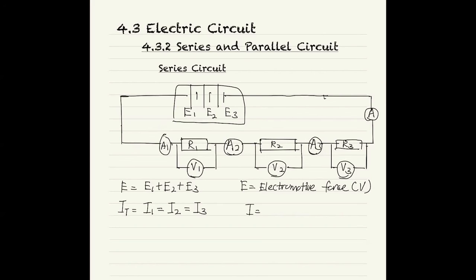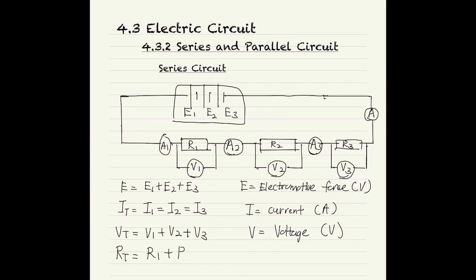I is current, unit is ampere. V total voltage equal to V1 plus V2 plus V3. V is voltage, unit is volt. R total resistance equal to R1 plus R2 plus R3. R is resistance, ohm.